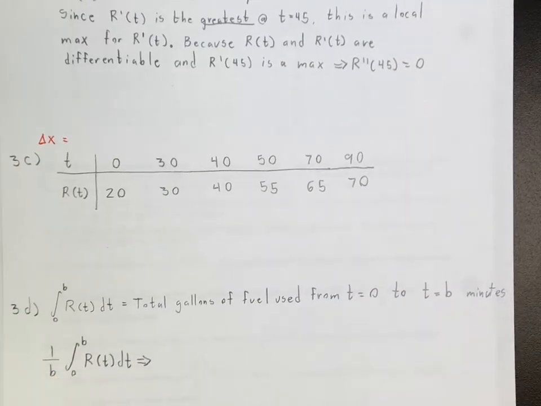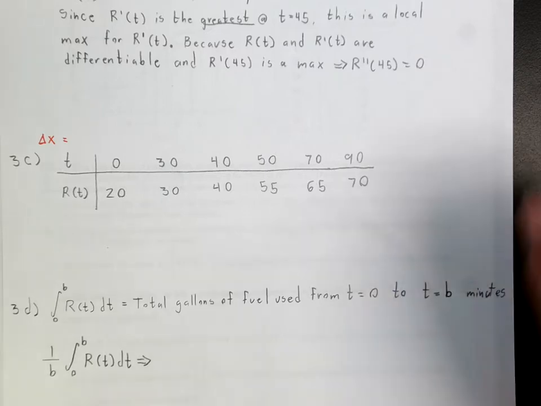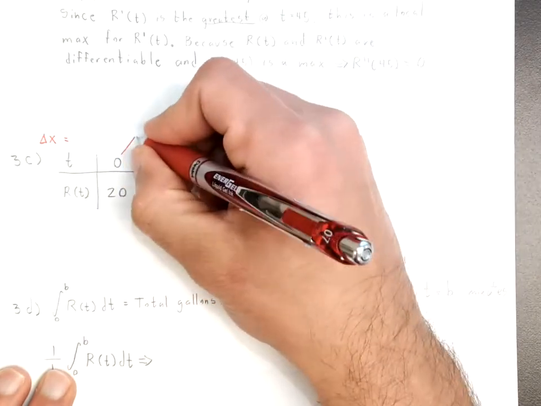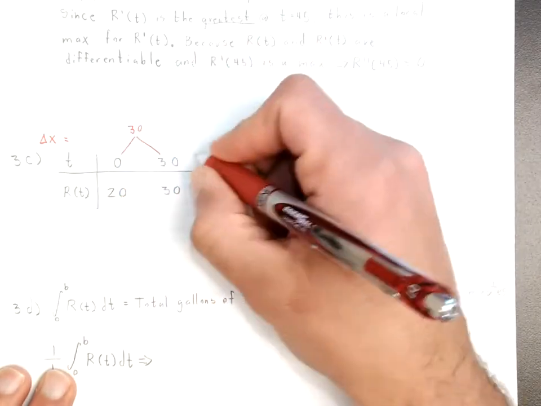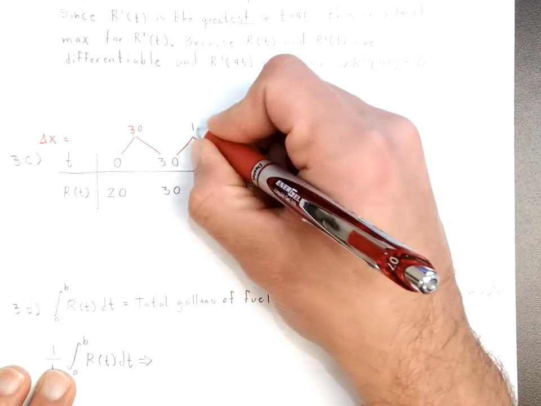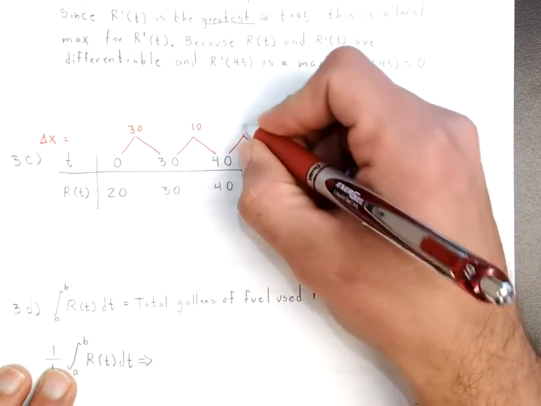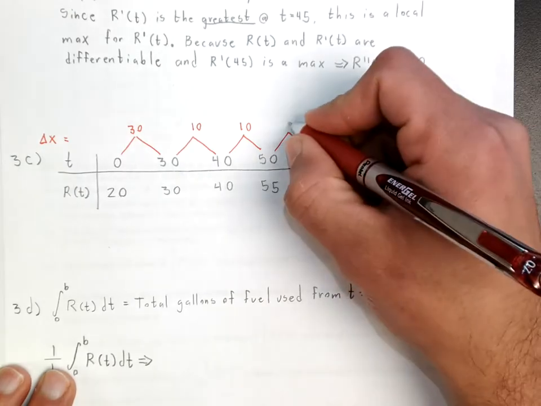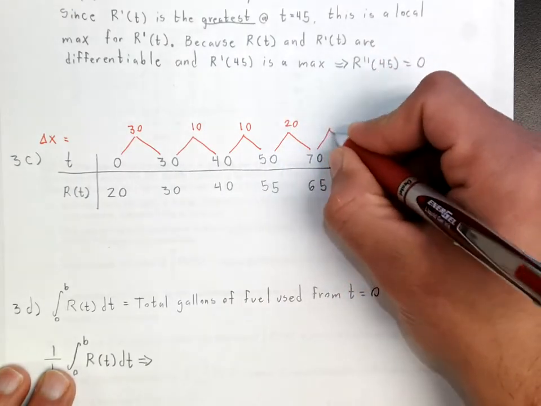Delta x in this case: the difference between those two numbers is 30. Difference between those two numbers is 10. Difference between those two numbers is also 10. Difference between those two numbers is 20, and same here.